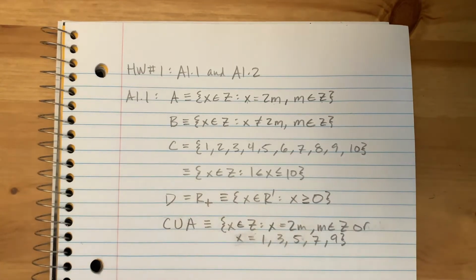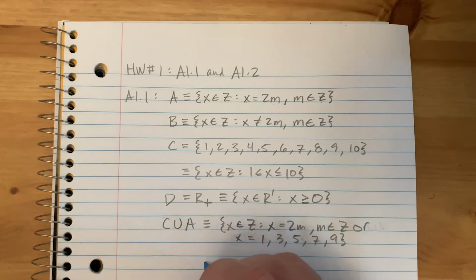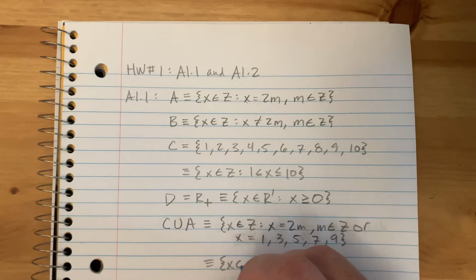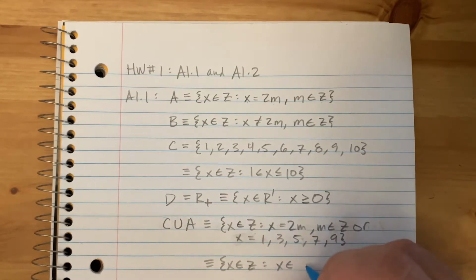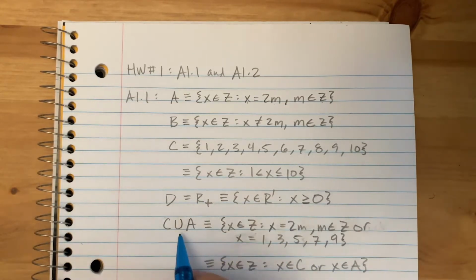All right, so that's probably the best way to describe it. Or you could just use the definition of union: the set of x's that are elements of the set of integers such that x is an element of C, or x is an element of A. That's just using the definition of what union is.